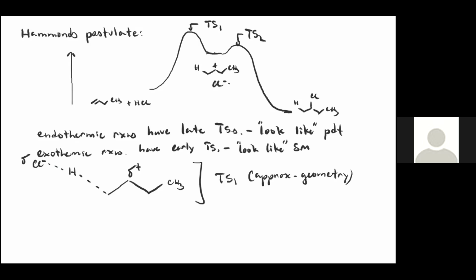You would have a bond forming to the hydrogen of the HCl, and the pi bond would be breaking, and you'd have accumulating positive charge at that internal carbon. Okay, it would look something like that. I'll try to do some modeling to give you guys some pictures, because it'll be clear as day when you see this. Okay. All right.